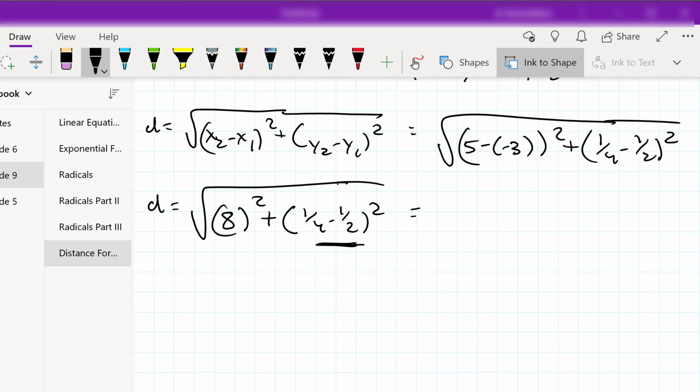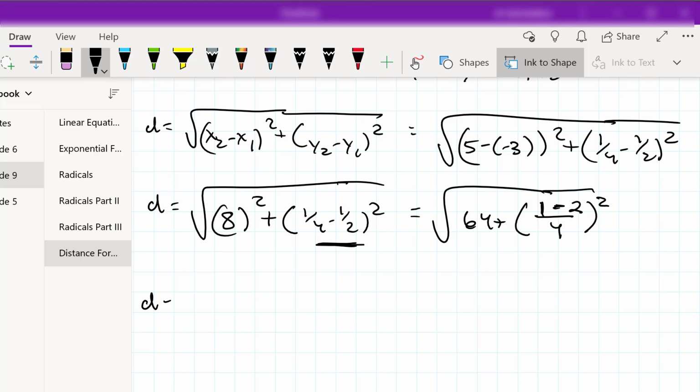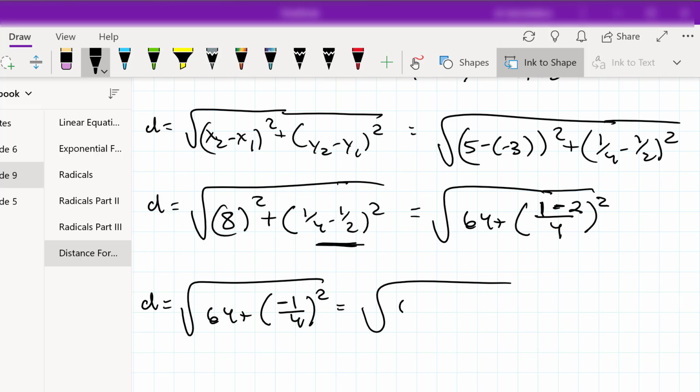Now we need to simplify this. So 8 squared is 64 plus, we get a common denominator 4. The first term is 1. The second term is 2 quarters all squared. Continuing, we have d equals 64 plus 1 minus 2 is minus 1 over 4 all squared.